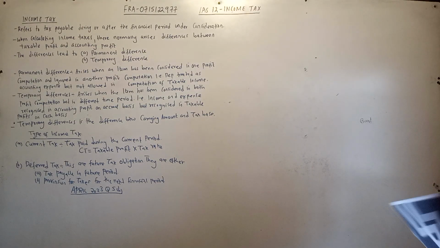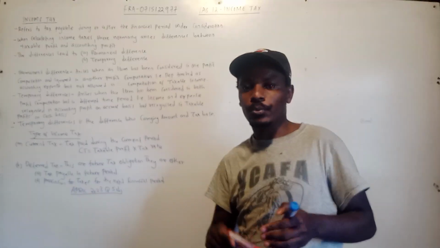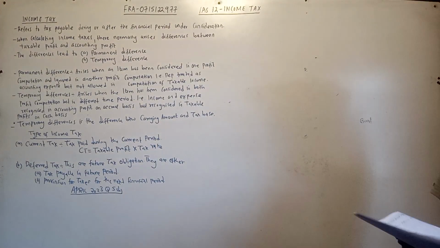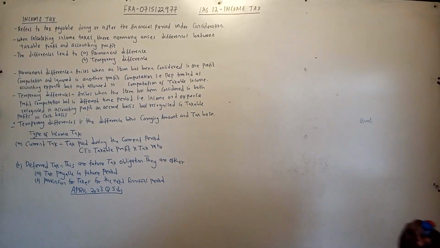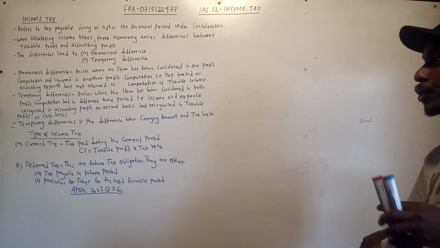Permanent difference arises when an item has been considered in one profit computation and ignored in another profit computation. A good example is depreciation. Depreciation is treated as an expense in a normal computation of profits.